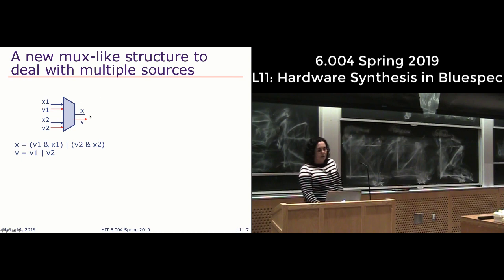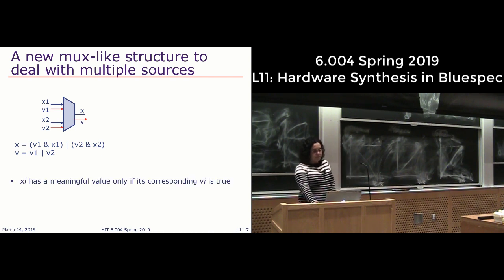Okay? So what is the logic for X? The logic for X is that if V1 is true, then it's going to get X1, or if V2 is true, then it's going to get X2. Similarly, this output V is going to be true as long as one of V1 or V2 is true, and it'll be false if neither one of them is true.